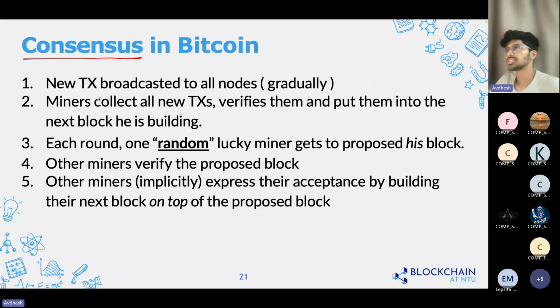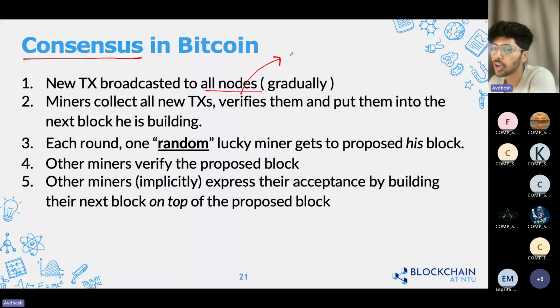New transactions are broadcast to all nodes. This happens gradually. By nodes, it means geographically and logically as well. So what does geographically and logically mean? You must remember the peer-to-peer network diagram I showed you, right?